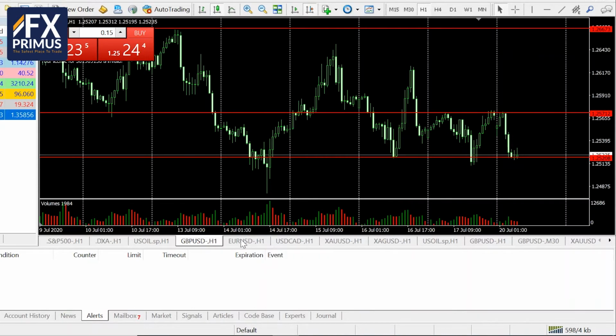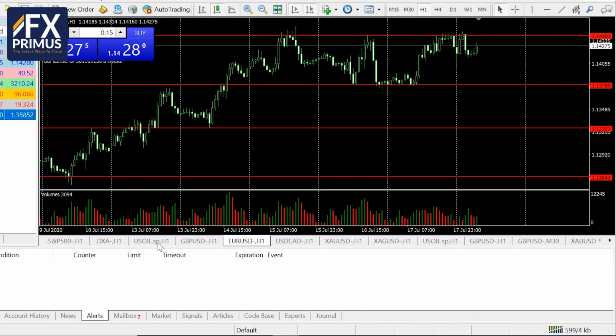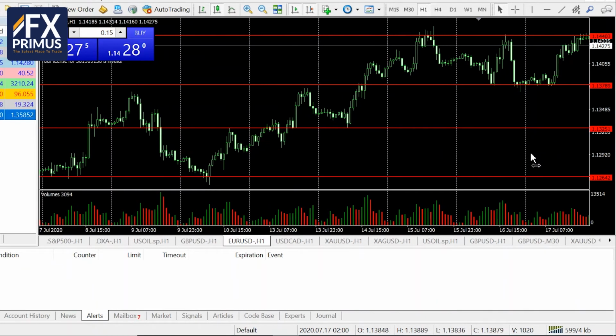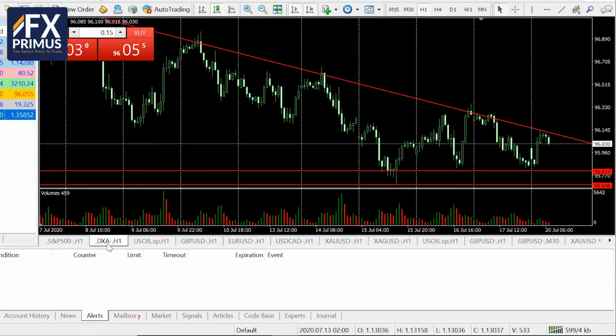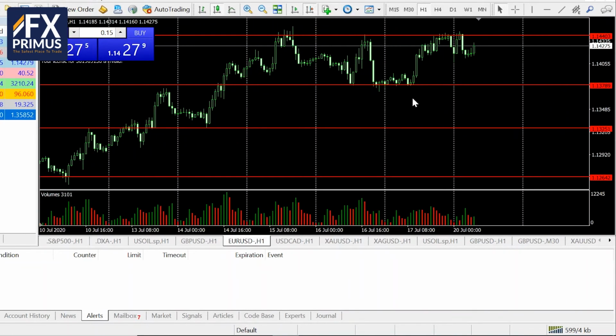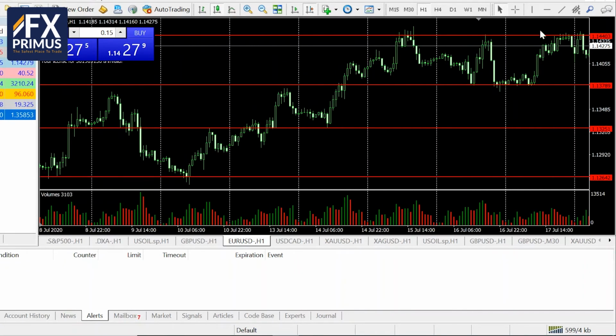Okay, but however, when we look at the euro dollar, for last Friday, the euro dollar was actually responding as usual, as the US dollar was going down. We do see very clearly that the euro dollar was moving up. So here we go.